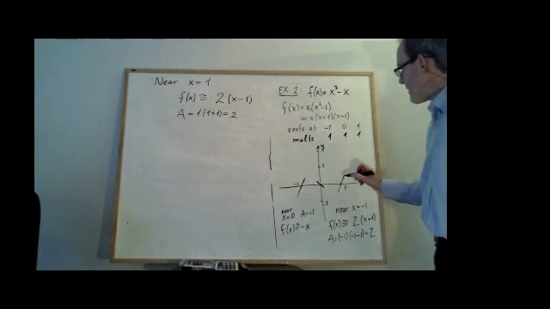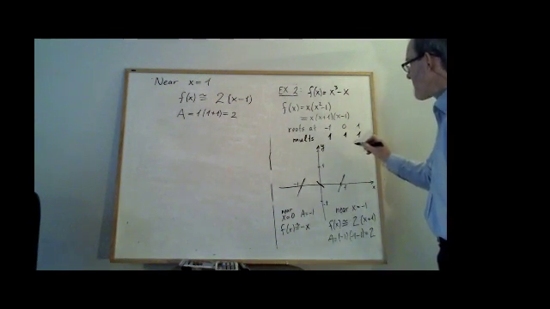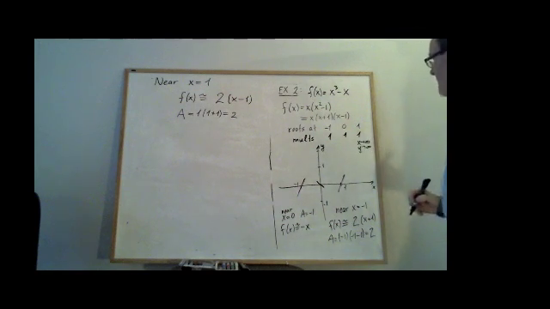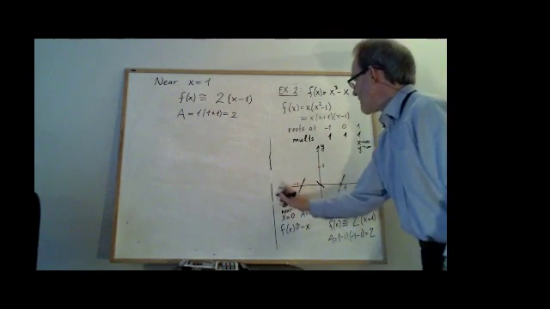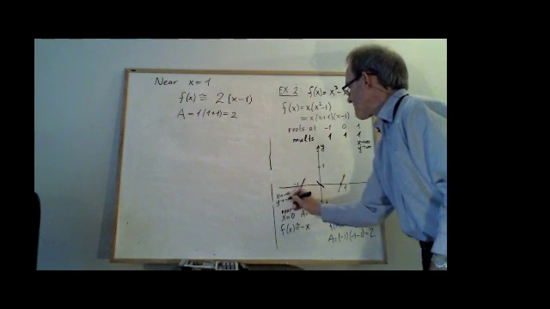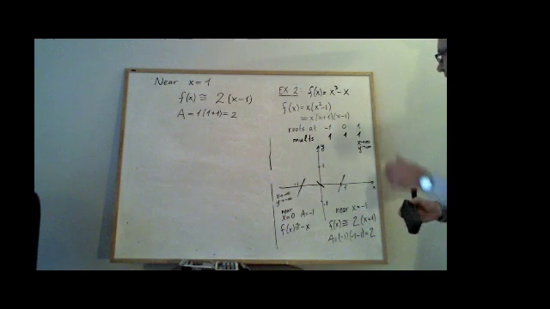Okay, and again, the end behavior is going to be like x cubed, which goes up to infinity as x goes to infinity. Y goes to infinity as x goes to infinity. And over here, y is going to go to minus infinity when x goes to minus infinity. So it's going to look like that.